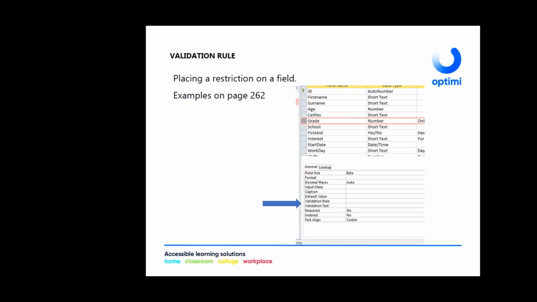Validation rules. That is also quite important. That's where you place a restriction, and examples for that are on page 262. So let's, for example, put a validation rule on the grade field I have here. You click on grade, and if you go down below in your properties, you will see there's a validation rule and a validation text.